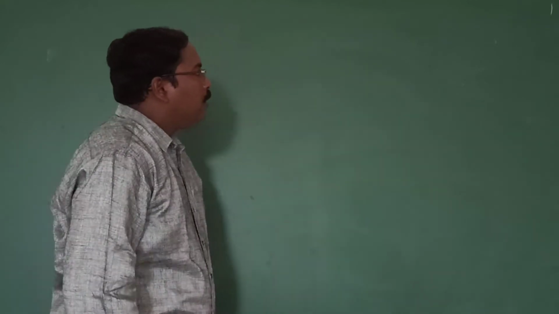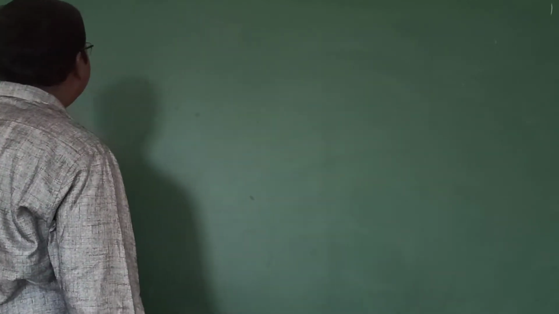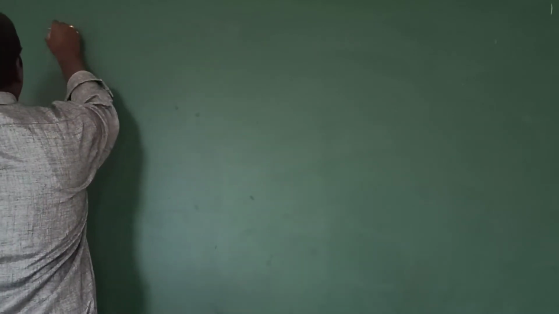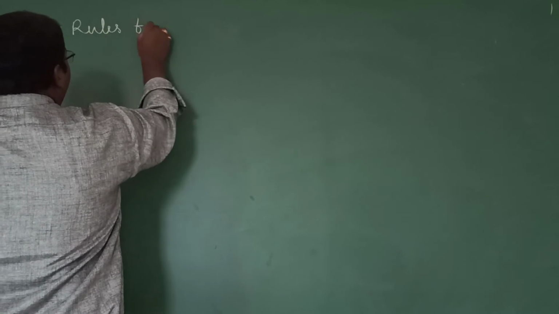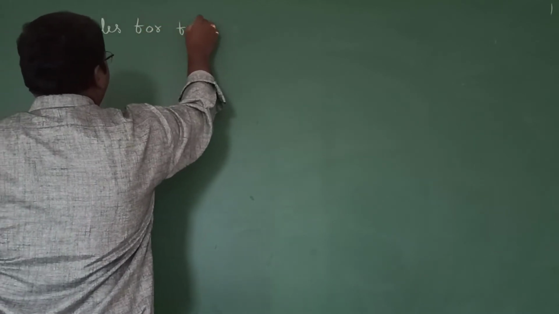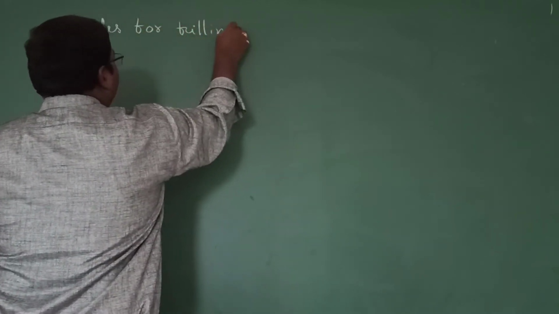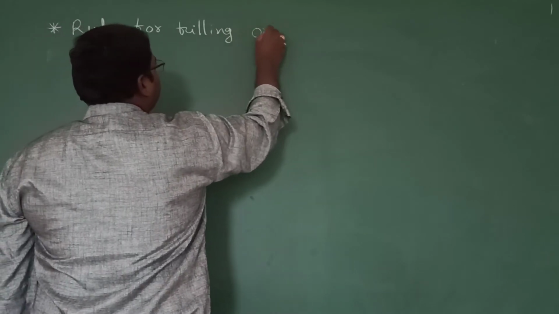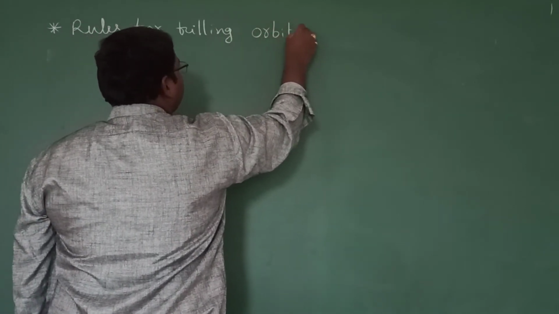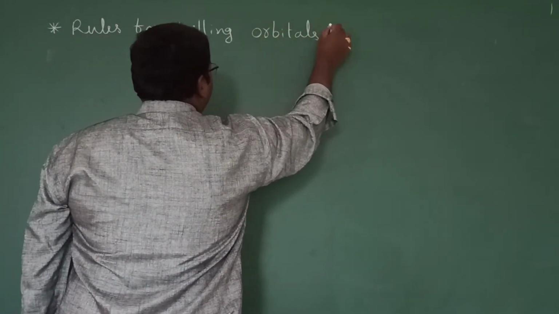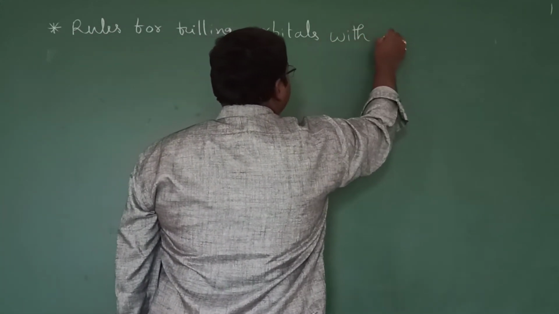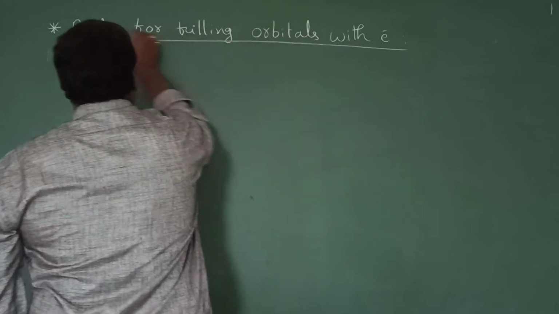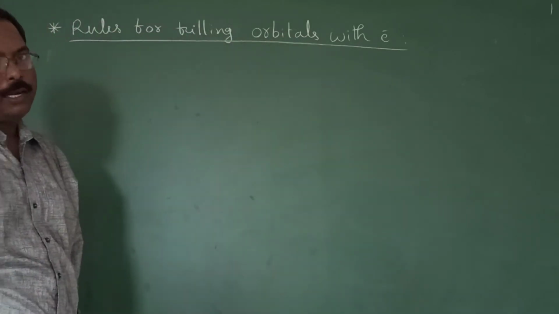So first give the subheading: rules for filling orbitals with electrons.